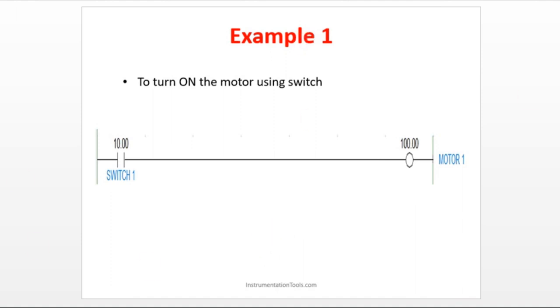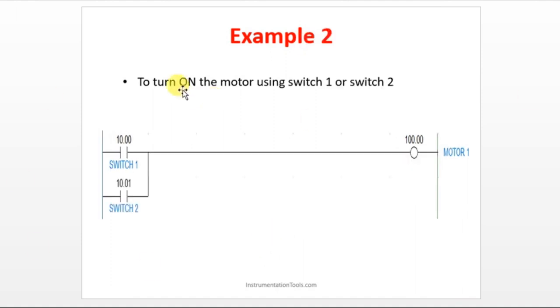Let's see one more example: to turn on a motor using switch 1 or switch 2. I have two options to turn on a motor. When it comes to options, I'm using an OR logic. This or this. If you turn on switch 1, the motor will be on.